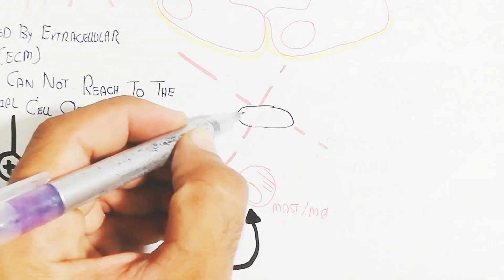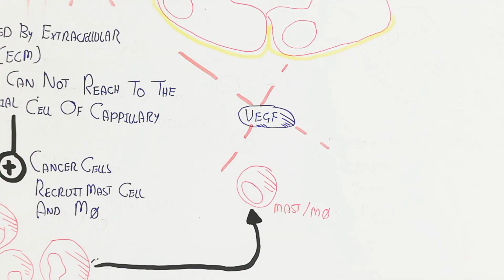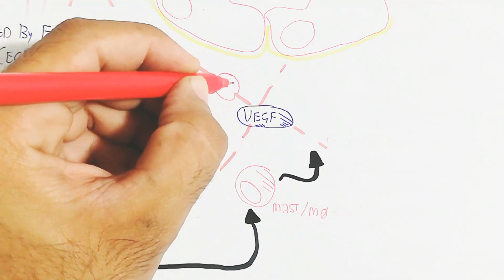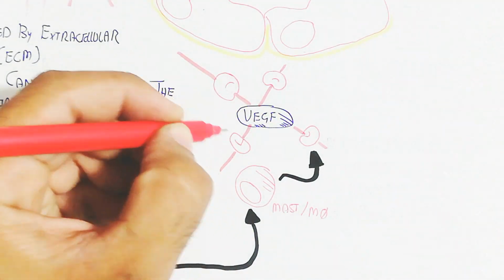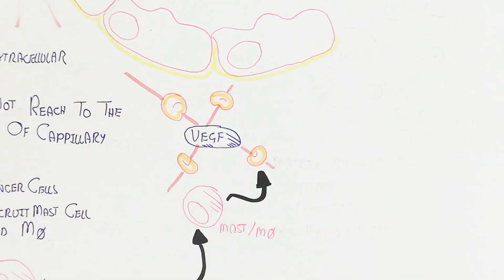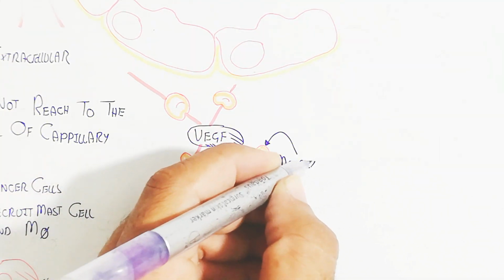Proteases break down the extracellular matrix. This protease enzyme is produced and leads to extracellular matrix breakdown. In this way, the matrix metalloproteinase, the MMP, breaks down the extracellular matrix and will release the VEGF.